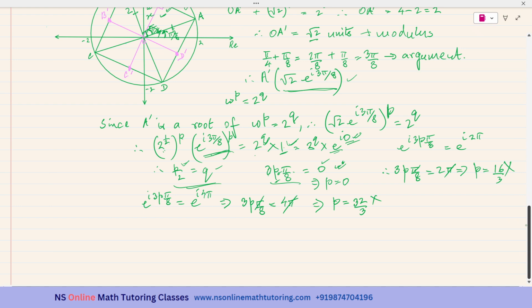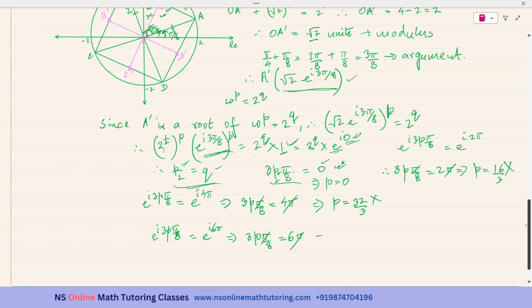Okay. So now I am taking e to the power of i 3p pi over 8 equal to e to the power of i 6 pi. I'm just going on adding 2 pi's. So cos 6 pi will also be equal to 1 and sin 6 pi is 0. So therefore 3p pi over 8 is equal to 6 pi.